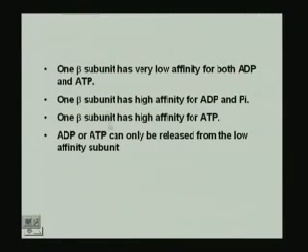Okay. Now, one beta subunit has low affinity for both ADP and ATP. So, they will be irreversibly associated with the unit. One beta subunit has high affinity for ADP and Pi. So, it is going to take in the substrates, right. The other beta subunit has high affinity for ATP. So, it will not release the ATP.